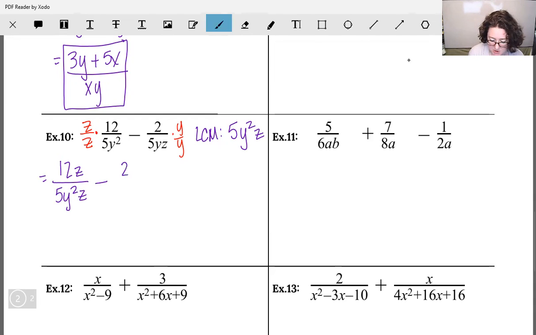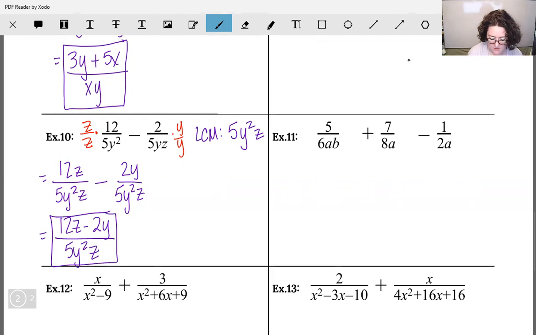Okay, second expression, 2y over 5y squared z. Alrighty, our denominators are the same, so combine your numerators. So we have 12z minus 2y divided by 5y squared z. There we go.